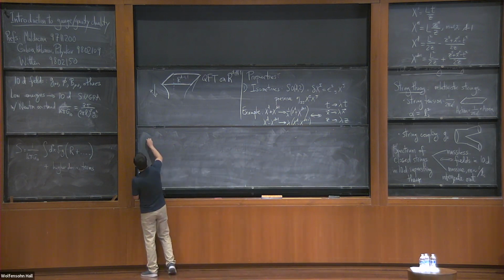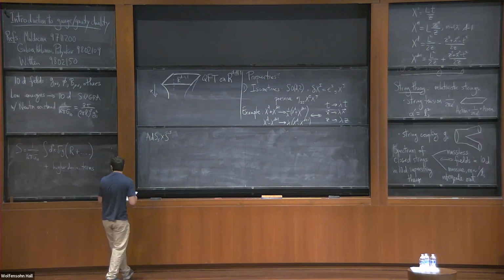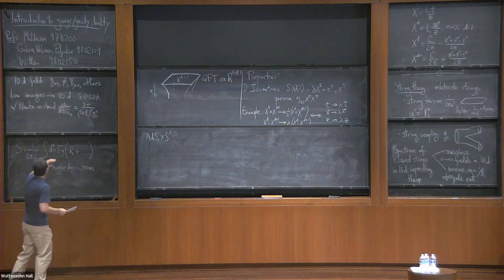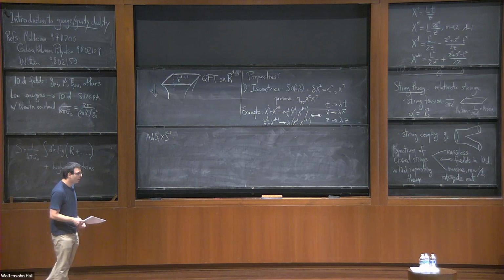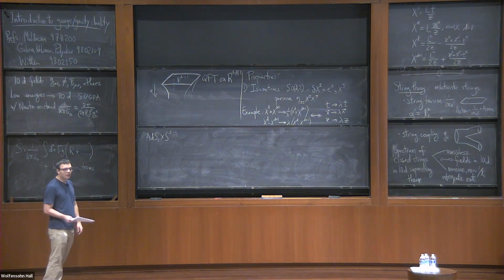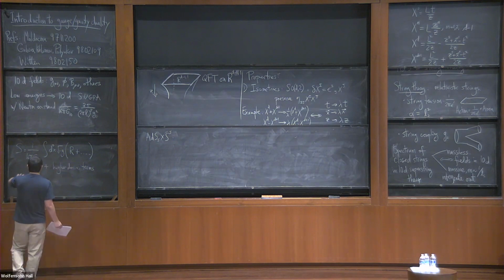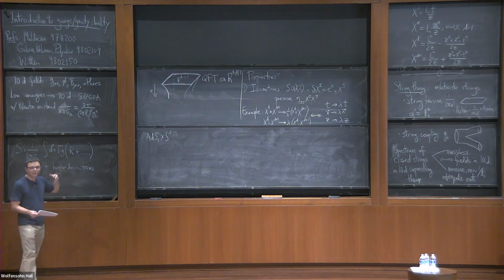So for ADS5 times S5, where does ADS5 appear in string theory? Because what I said so far about ADS is that, okay, it's a nice space, it's got constant negative curvature, it solves Einstein's equation with negative cosmological constant, but when I wrote down this 10-dimensional action, there's no negative cosmological constant. So where does that come from?